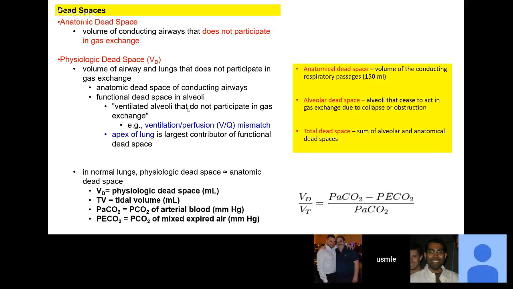The physiological dead space is the volume of the airways and the lung that are not participating in the gas exchange because, for example, the residual volume is just air that is there, but you don't exchange it whatsoever.